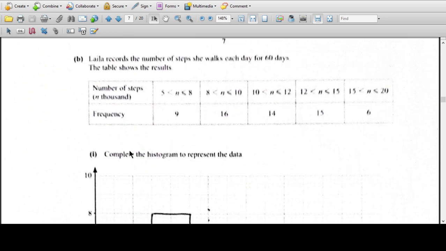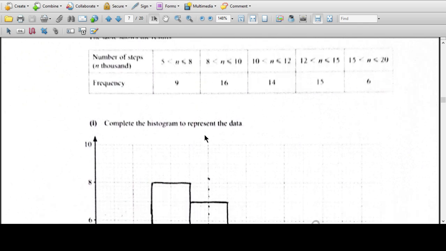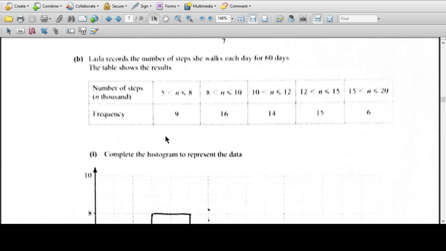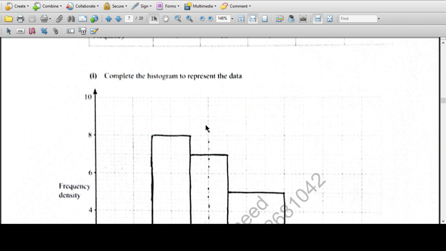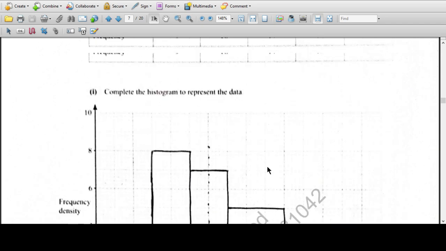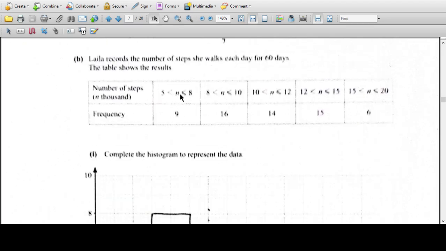Now the first part: complete the histogram to represent the data. In a histogram, we describe the frequency density against the number of steps. For 5 to 8, the frequency is 9.